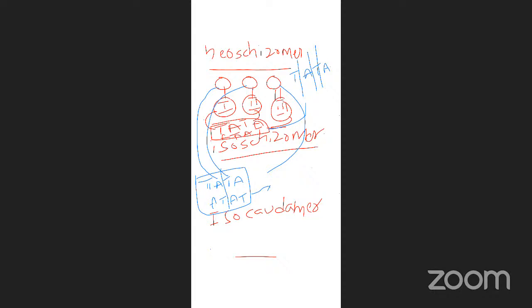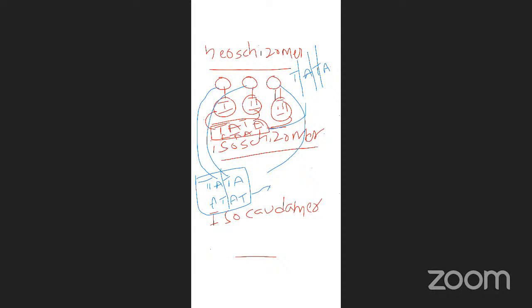First of all, first point clear? Yes, sir. These different enzymes, what I mean, neoschizomer: recognition site same in both. Even though they are different strains of enzymes, different types of restriction enzymes, their recognition activity is the same in both.